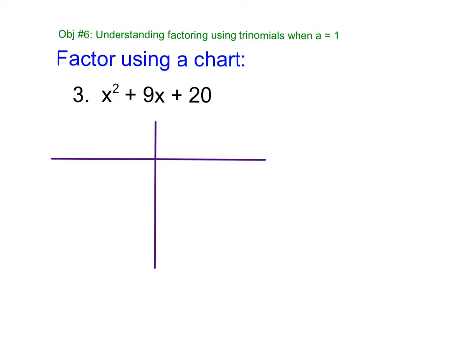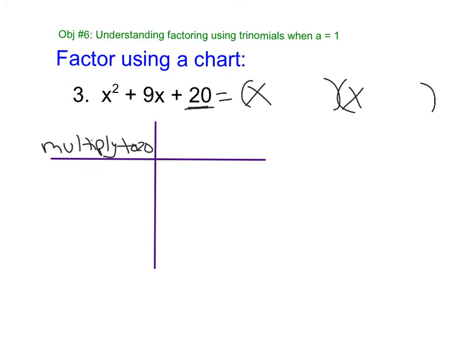So because this is the form x squared plus bx plus c, I know that this is going to factor like this. It's two binomials. So x times x is x squared. So now using what we just talked about, we're looking for two numbers that multiply to 20.